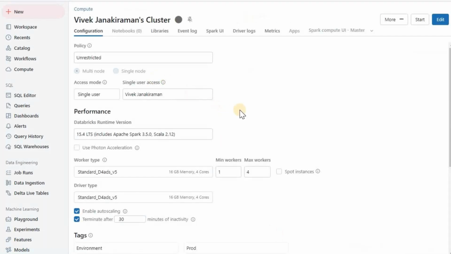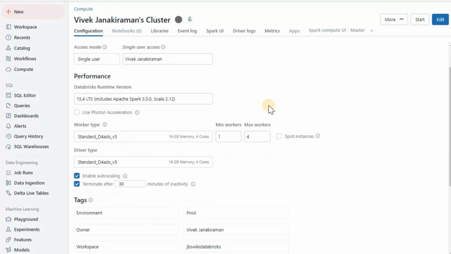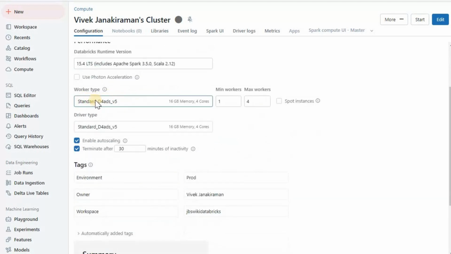The cluster is currently down, but I just want to look at the worker and the driver machines here. So if you look at this, the worker nodes run in the private subnet for enhanced security, ensuring that your compute resources are isolated from the public internet. This is critical for data processing jobs where sensitive data needs to be protected.